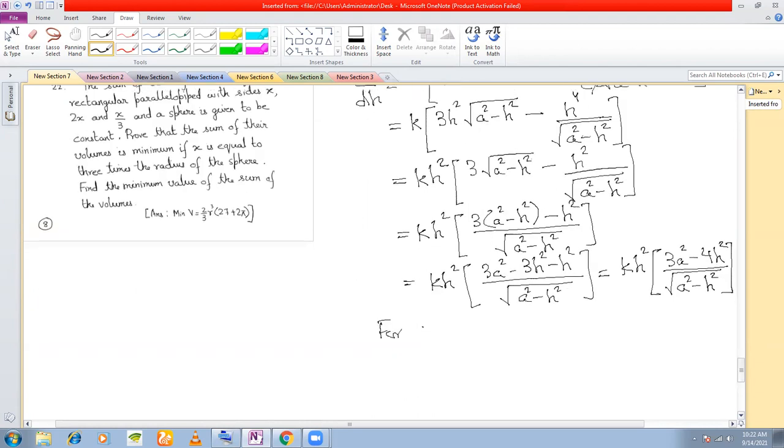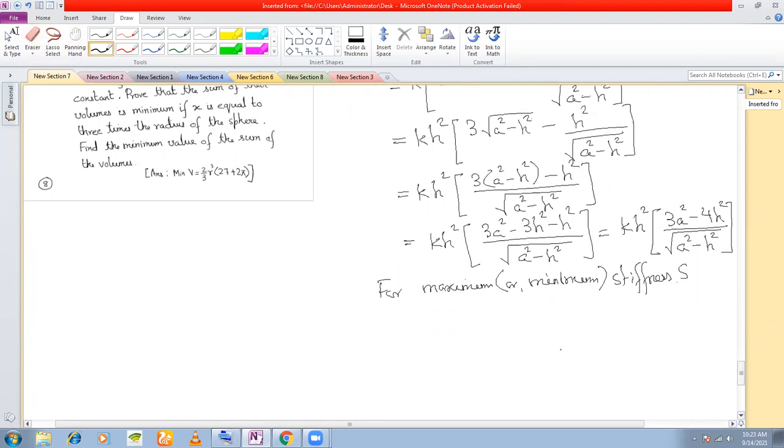For maximum or minimum stiffness S, the first derivative must vanish. ds dh is equal to 0.